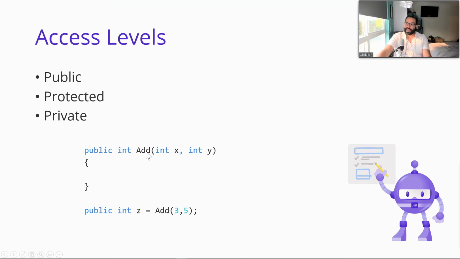So if you remember the add function or method that we just created, I just add public in front of it. And that will set it so that any other object can access this method. And even if you create a variable, you can do the same thing. Just put public in front of the declaration of that variable.